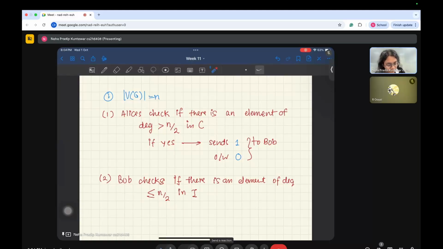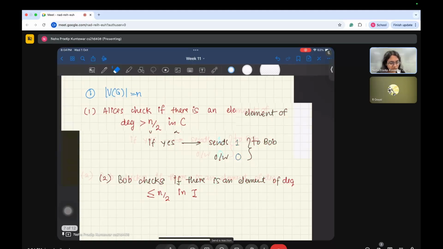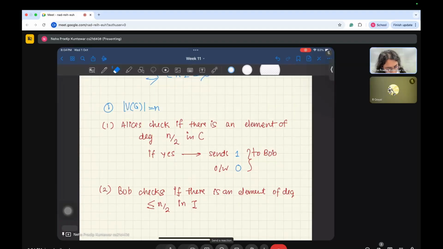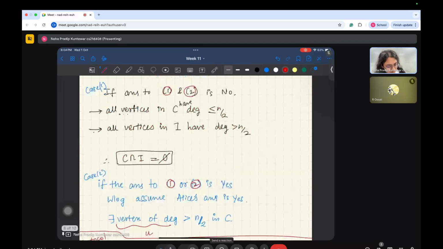I should have inverted the sign, so let me just do that. I'll make all the greater than as less than or equal to, and all the less than or equal to as greater than. It's symmetric, so it won't affect the analysis. This was less than, and I'll make this greater than or equal to.